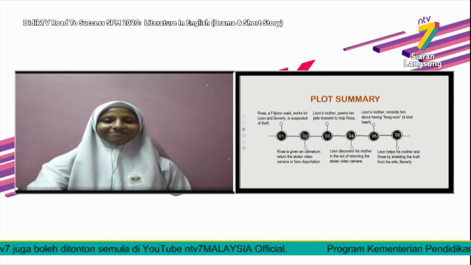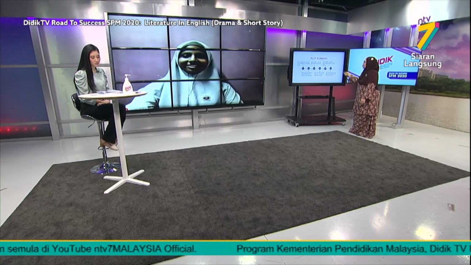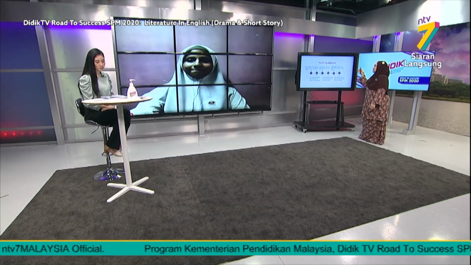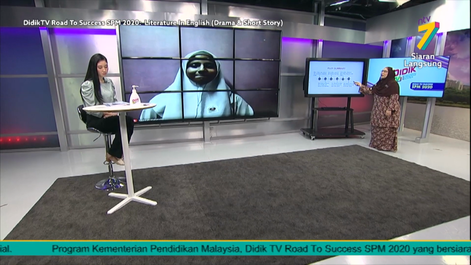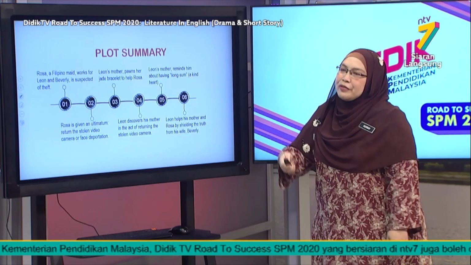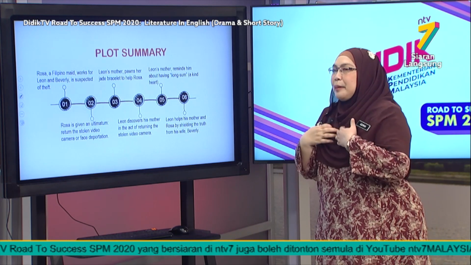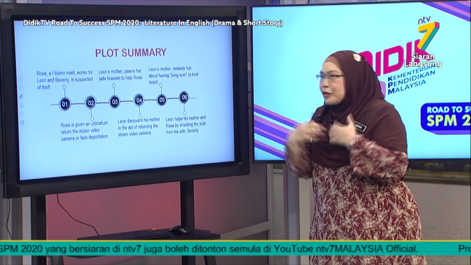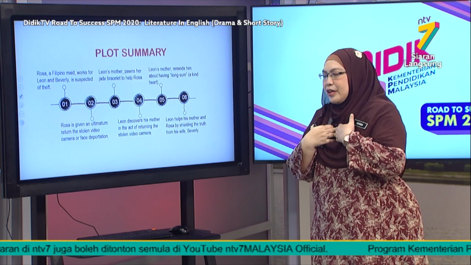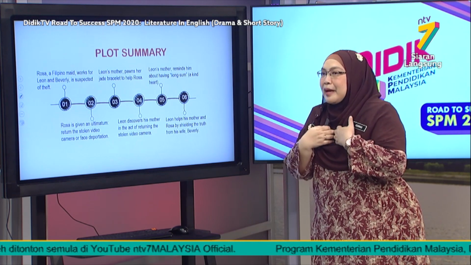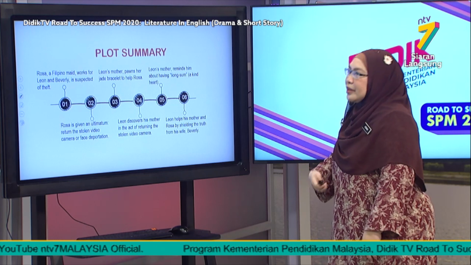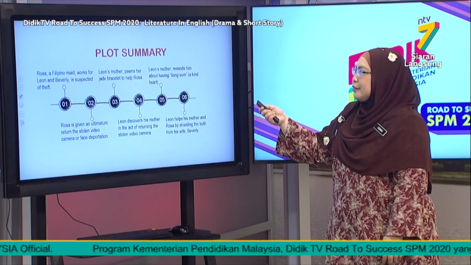So, in actual fact, Rosa, the Filipino maid who works for Leon and Beverly, when she took the video camera belonging to her employers, she was driven by desperation. It was a desperate act on her part, not because she has criminal intent or she is an evil person, a bad person by nature. She wanted to help her family back in the Philippines.